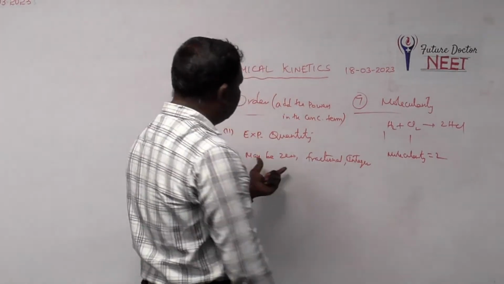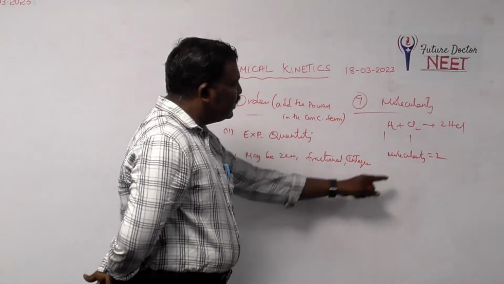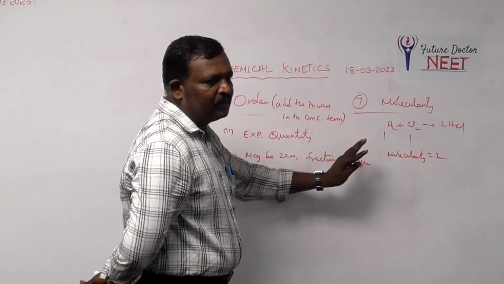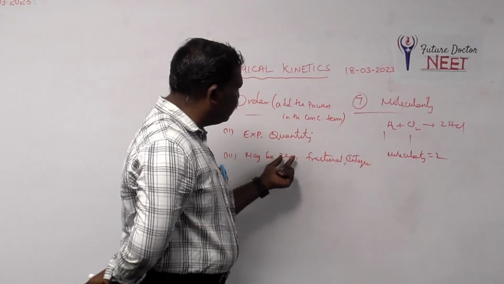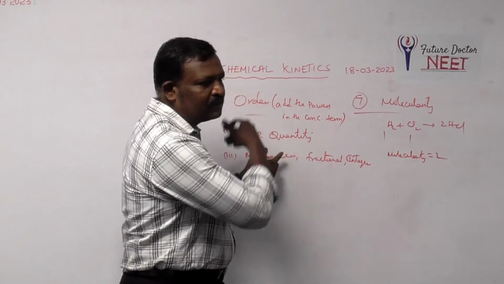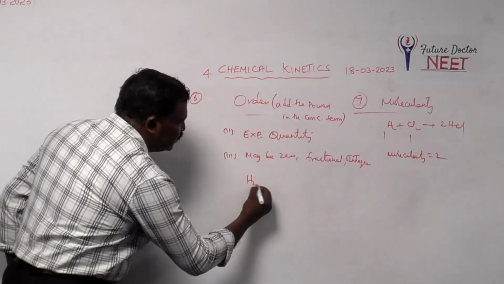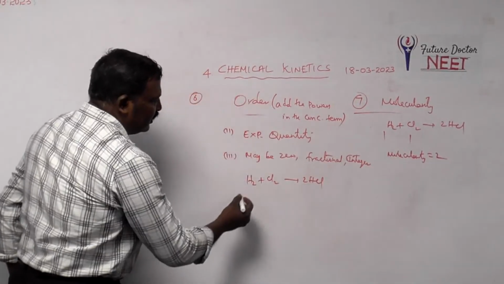Come to the next, third one. Is it 0 value? Is 0 molecule participating? No, nothing. Order may be 0. Sometimes 0 depends upon factors. Suppose, for example, H2 plus Cl2 gives 2HCl.